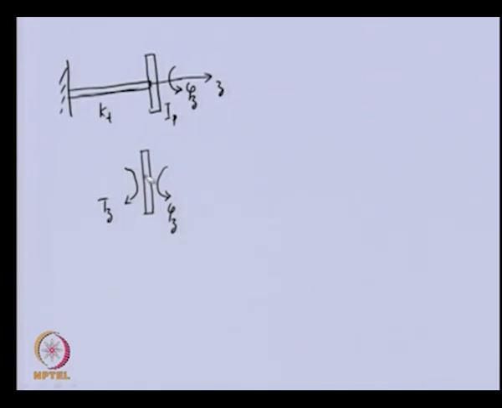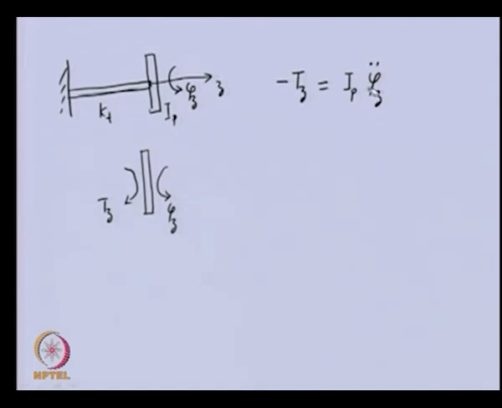So, we can write the equation of motion by Newton's law by summing up all the external torque on this. So, the external torque is only Tz, which is acting in the negative direction to the displacement, because this is a reactive torque from the shaft onto the disc, and this should be equal to the inertia of the disc. So, this is the rotary inertia of the disc.